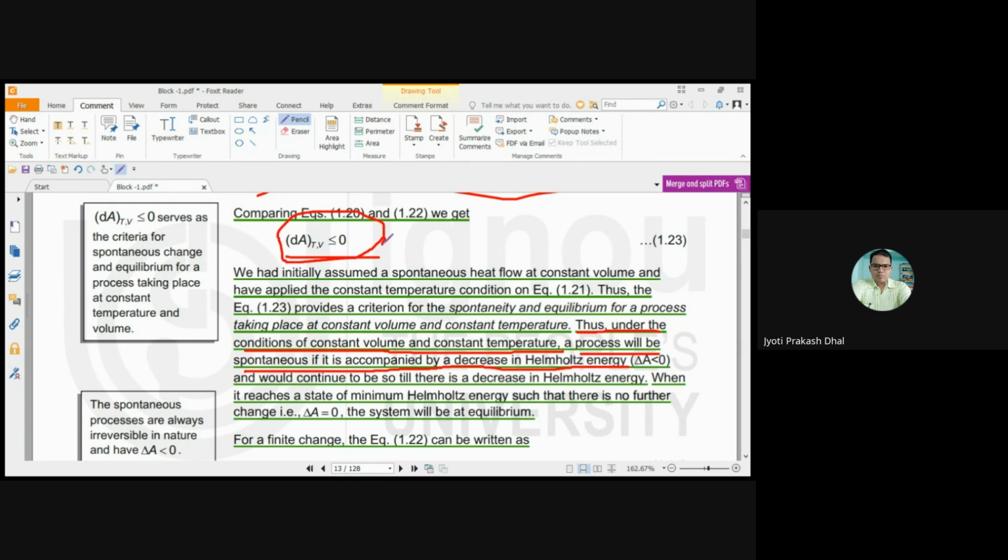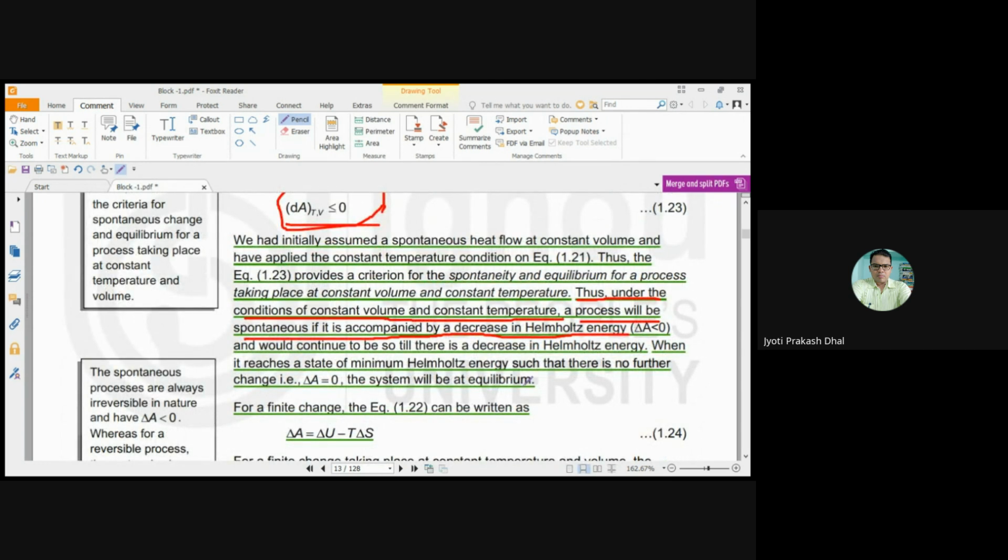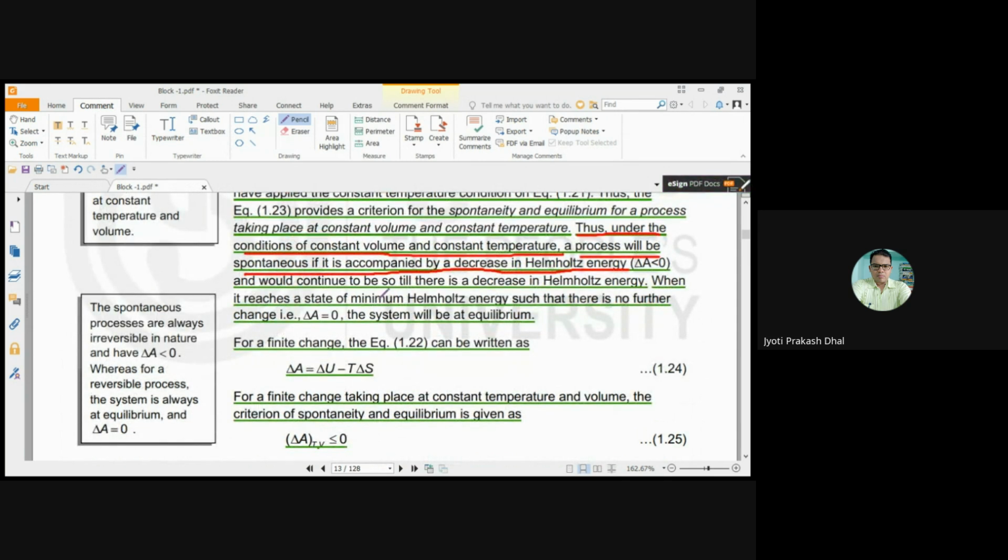So if the change in Helmholtz energy is less than 0, then the process will be spontaneous, and the process will continue spontaneously as long as there is a decrease in Helmholtz energy.